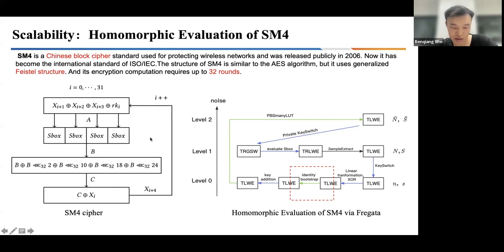So after some rounds, it will lead to ciphertext decryption failure. So we add identity bootstrapping to refresh the noise to solve this problem.